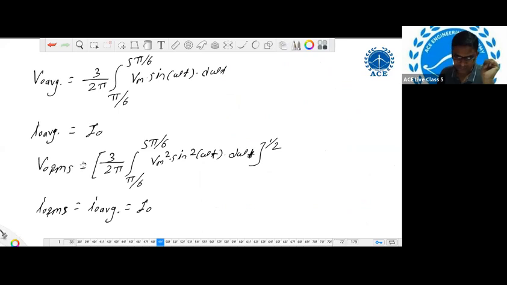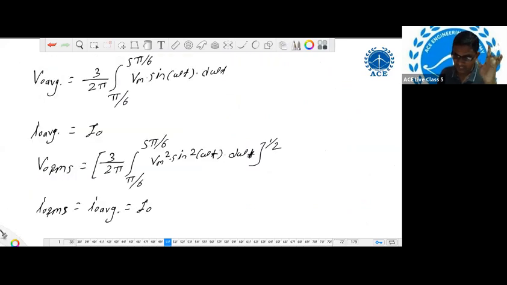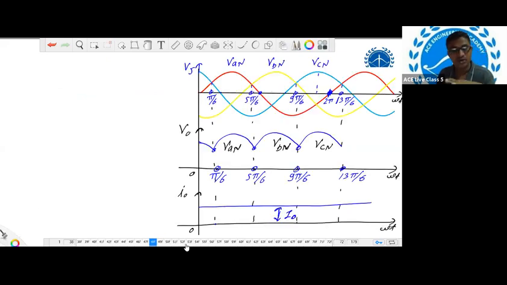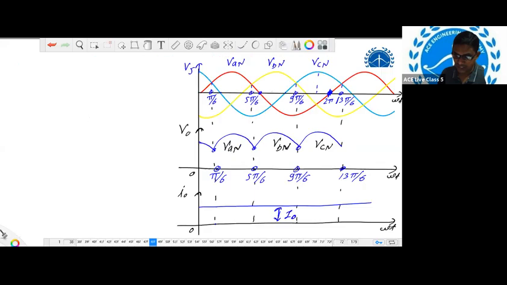After that, we derived the expressions for V0 average, V0 RMS and I0 average. Apart from that, we can draw the waveform of IA or ID1 also. If they ask the value of ID1 average for the RL load, we need to check during which interval diode D1 is in conduction.